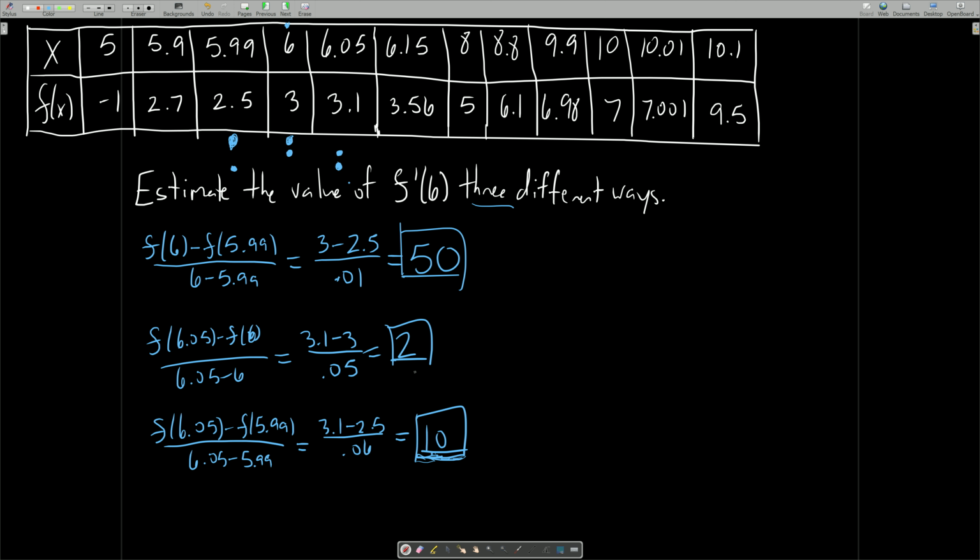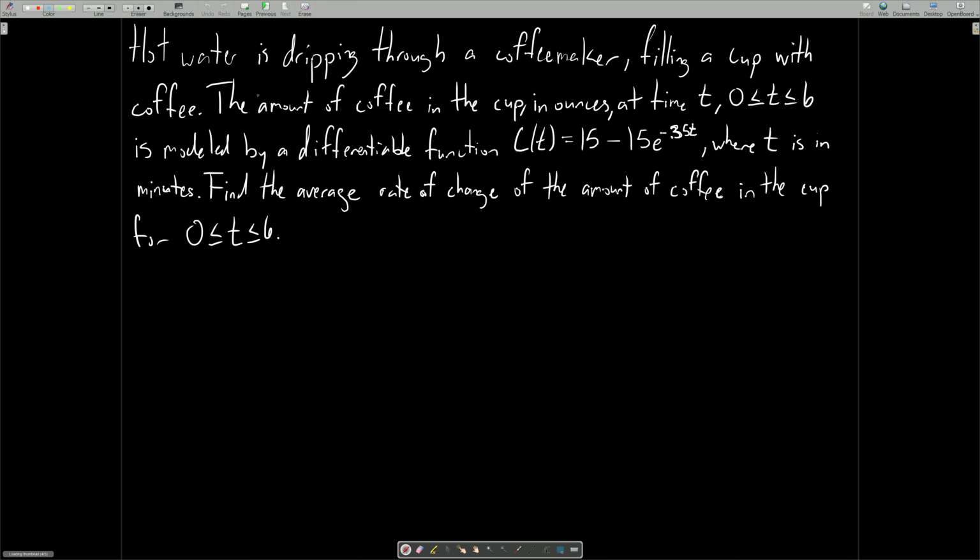Because if they're not, then there may not be a right answer. Like this function may not be differentiable at x equals 6. There may not be a slope. We're going to talk more about differentiability in an upcoming video, so keep that in mind.